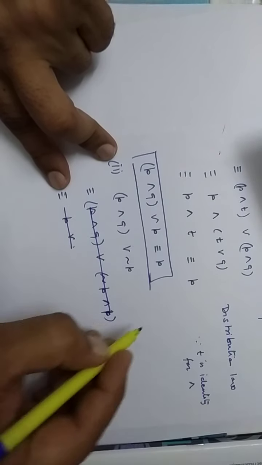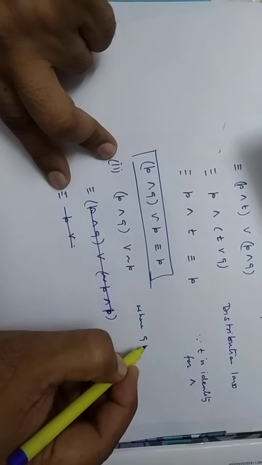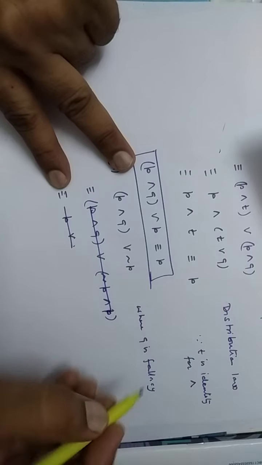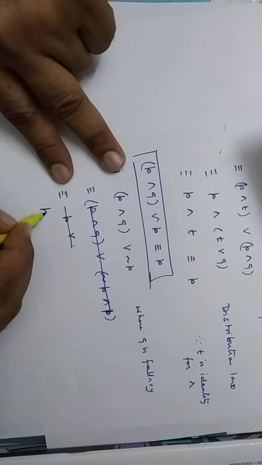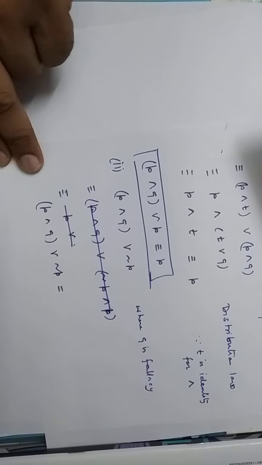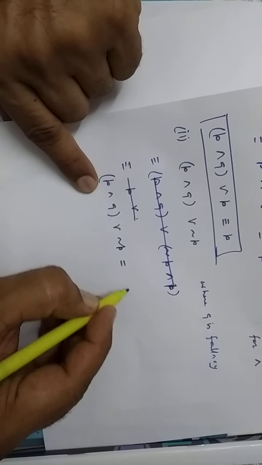Sorry. Where Q is fallacy. Q is fallacy means F. Q stands for F. Okay. Then P and Q join negation of P. P and Q. Q is fallacy, so this is fallacy.